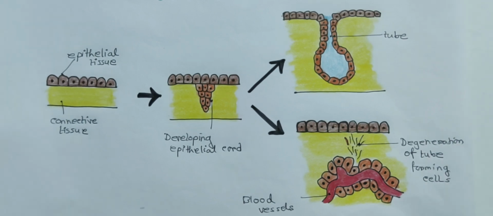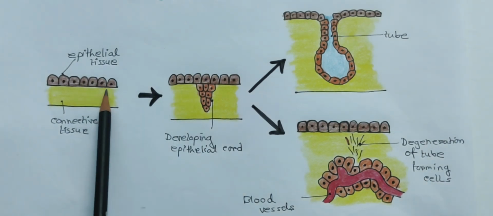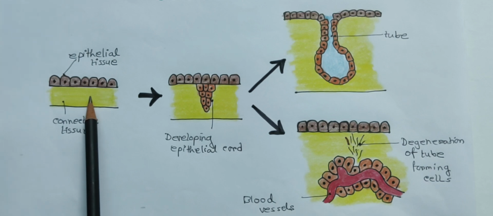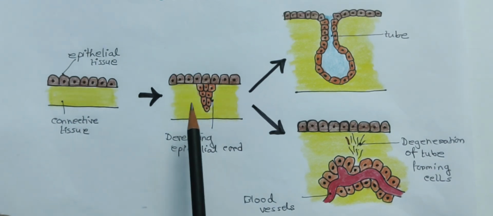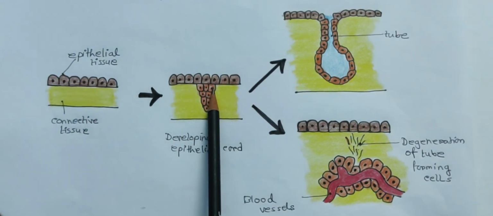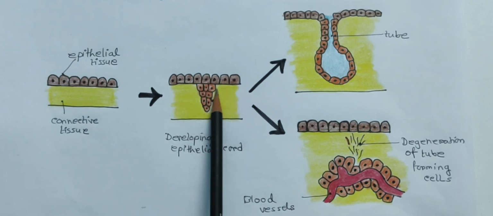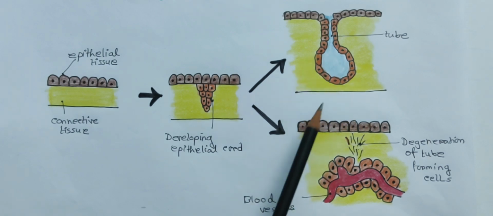So here it is. This is our epithelial tissue, and beneath the epithelial tissue there is connective tissue. Then some cells of the epithelial tissue divide to form an epithelial cord inside the connective tissue. Then these two types of glands are formed.